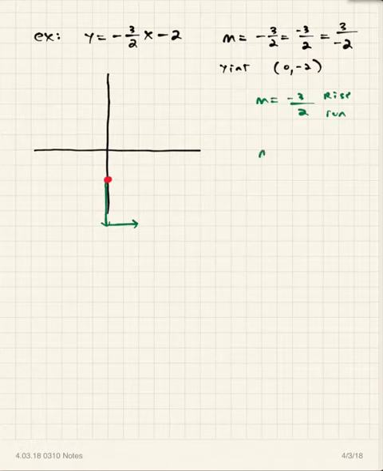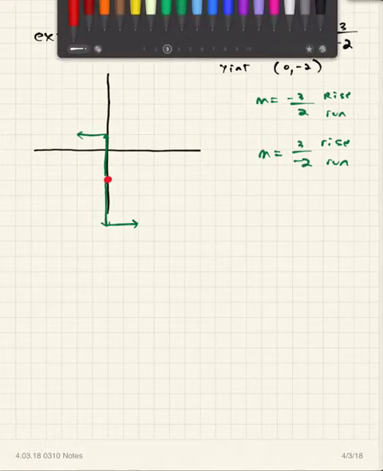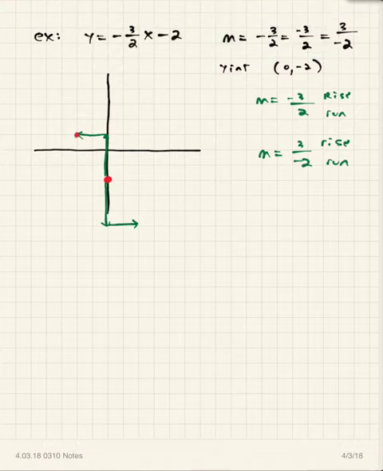But you could also think of this slope as 3 over negative 2. And so now my rise is positive 3 and my run is negative 2. So positive 3 means I go up 3 and I go back to the left 2. That's my run being negative. And that gives me 2 additional points on the graph, depending on how you think about the slope there.